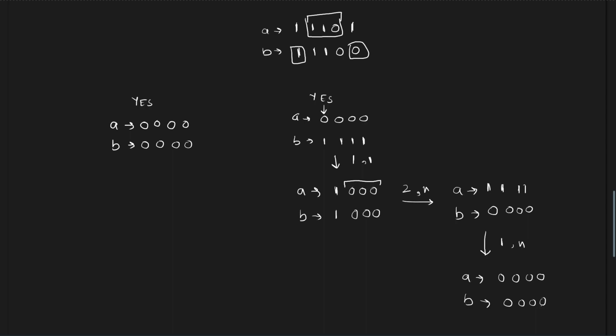So we see from this particular state, I can reach this final state in 3 steps. This is step number 1, this is step number 2, and this is step number 3. So it is possible to reach this final state in 3 steps.